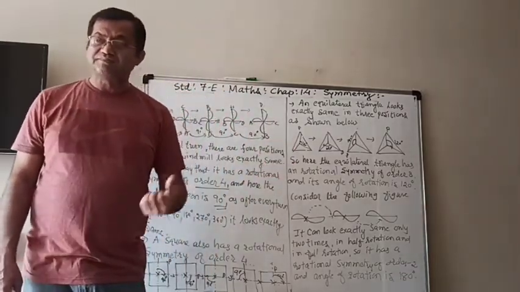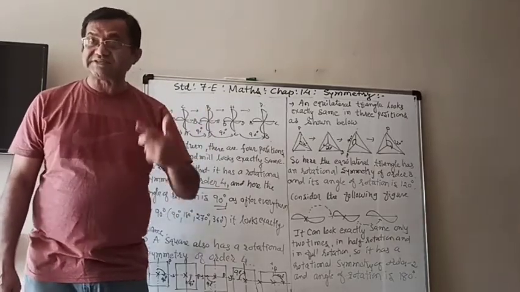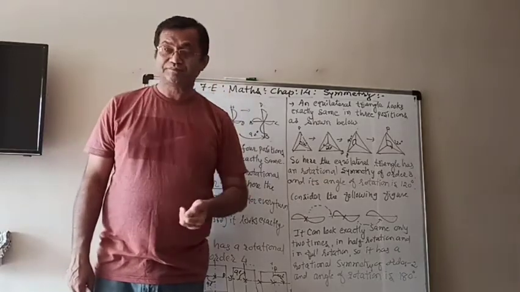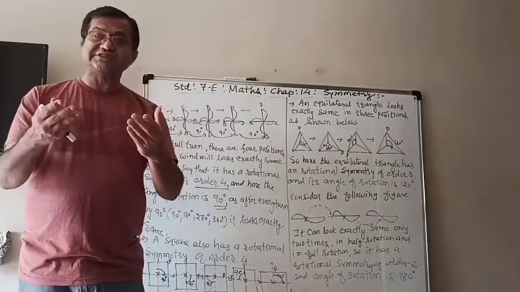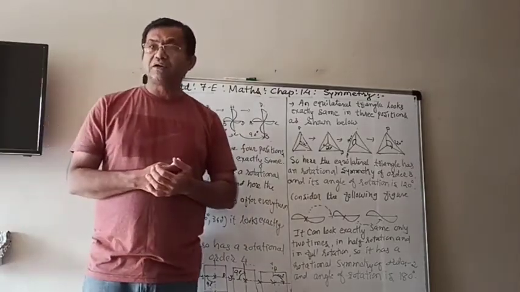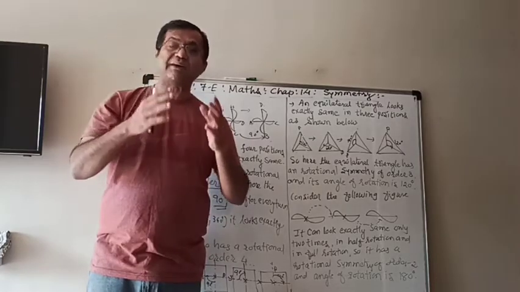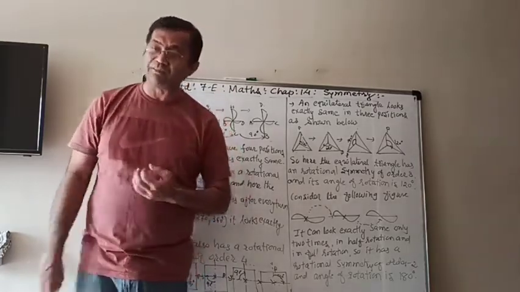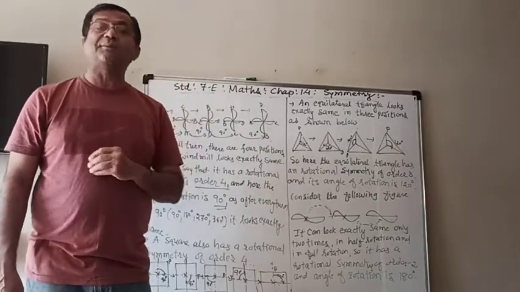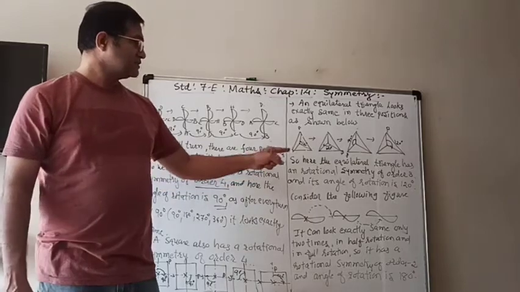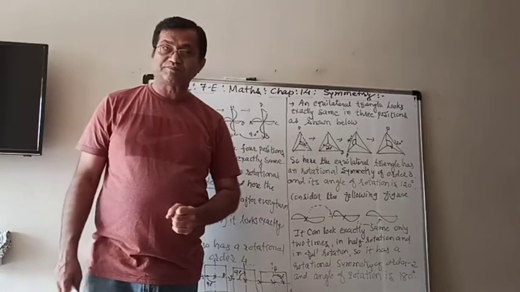It means that this equilateral triangle has rotational symmetry of order 3. And every 120 degrees, because 360 divided by 3, what is that? 120. So when you divide 360 by the order of rotational symmetry, then we get the angle of rotation. Symmetry of order 3 and the angle of rotation is 120 degrees here.